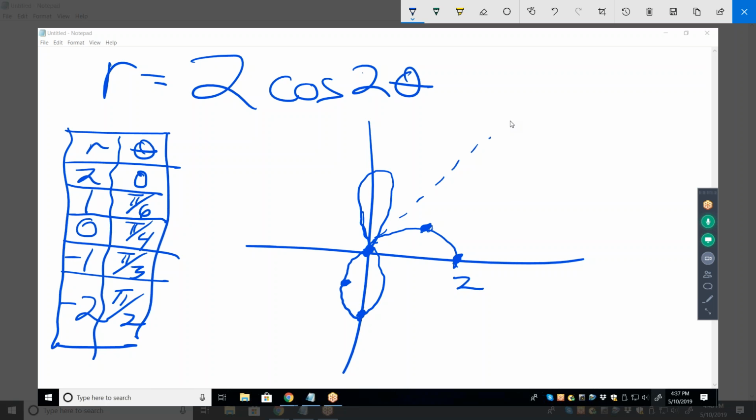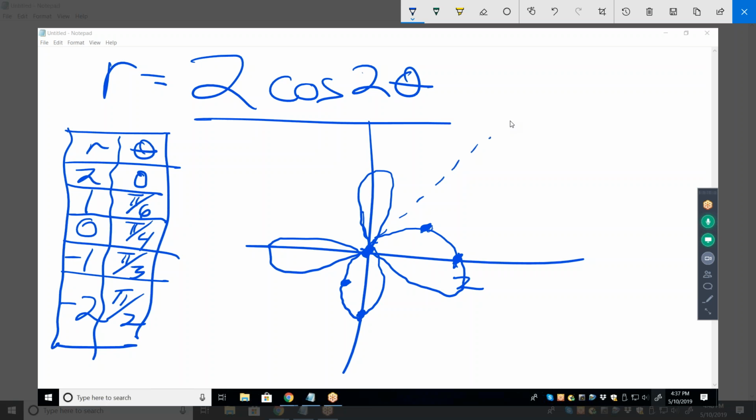And then when I go from pi to 3 pi over 2, I get that loop. Then when I go from 3 pi over 2 to 2 pi, I get that petal. So that's how you get a rose curve out of that.